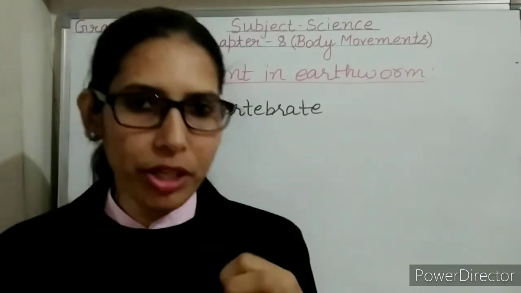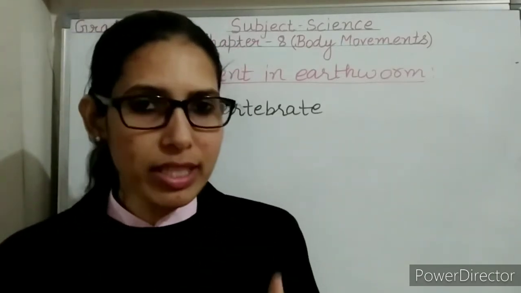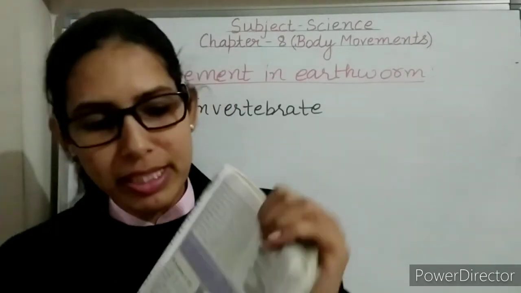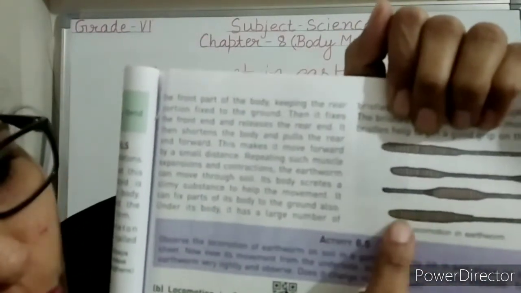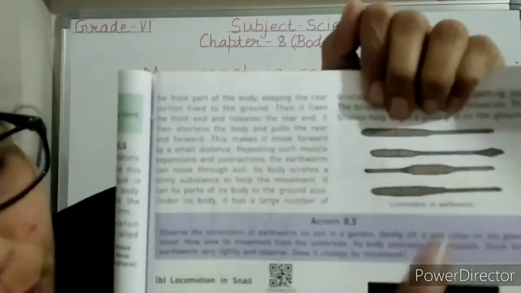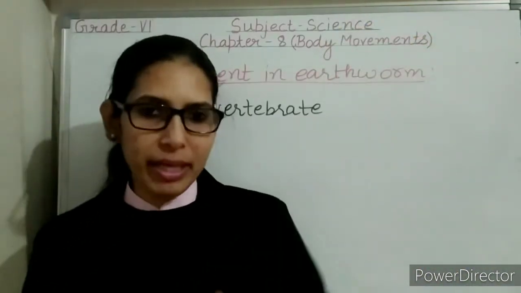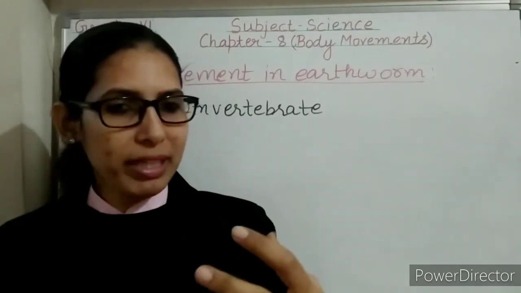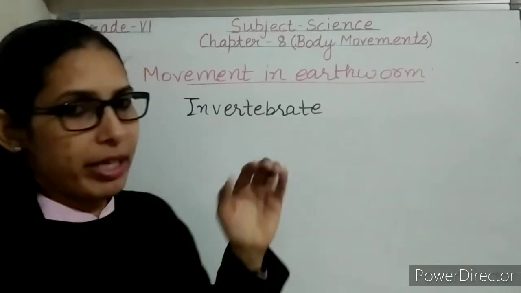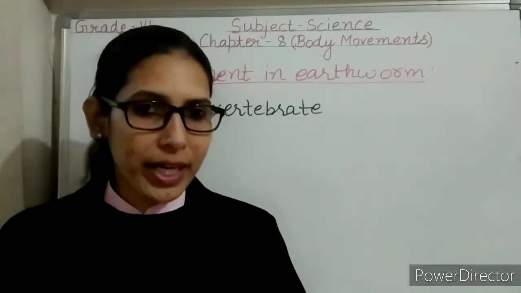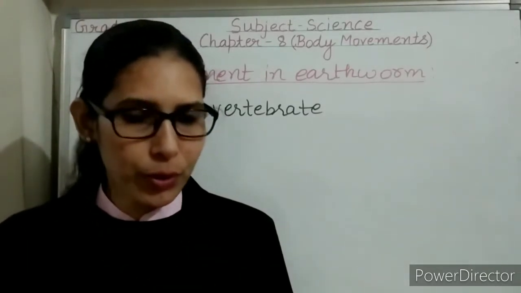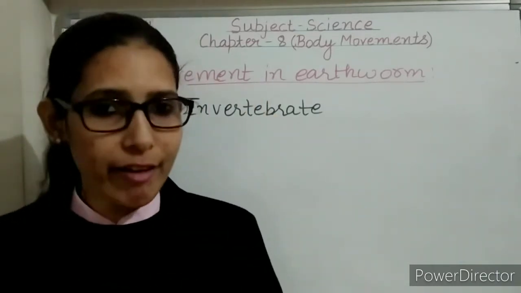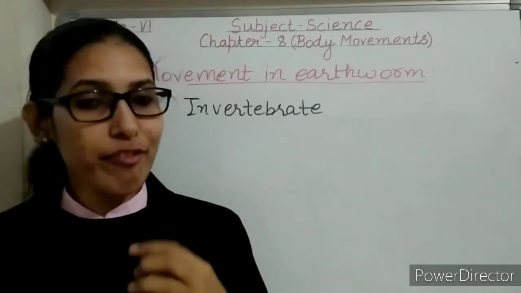If we see the body of the earthworm carefully, you'll notice that it is made up of small circular segments. So its body is segmented. Segments means the small sections. It is invertebrate. Invertebrate means the organisms which do not have backbone. So earthworm doesn't have backbone. They also do not have bones, but they have muscles.